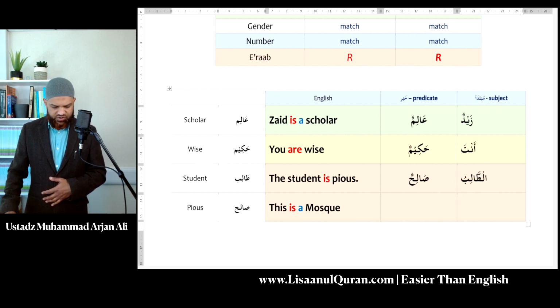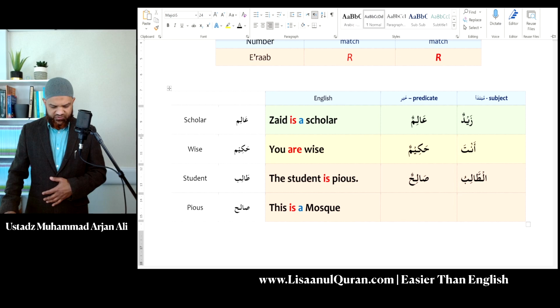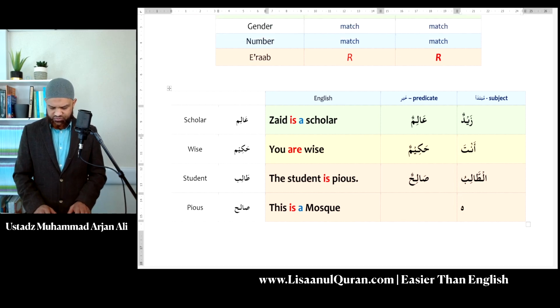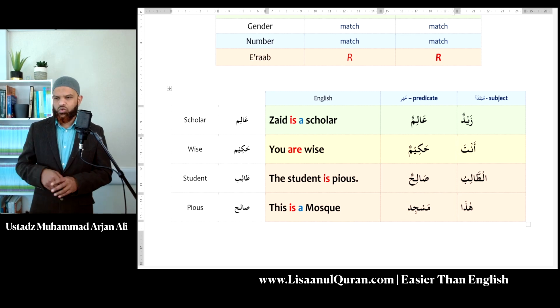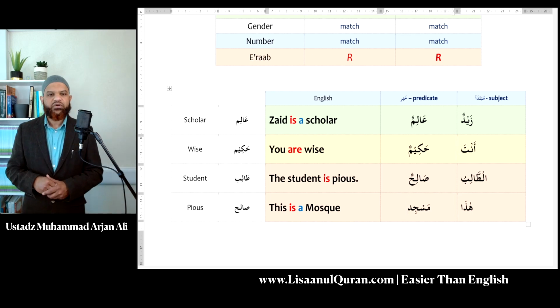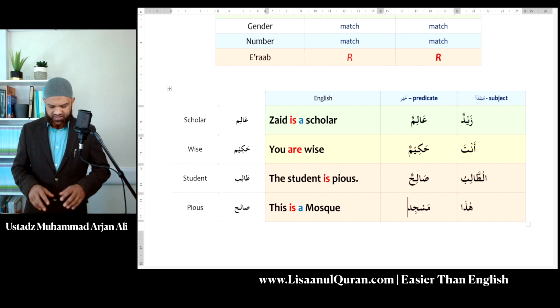The fourth sentence we need to translate from English to Arabic is, this is a mosque. Now, the word for this in Arabic, I'm sure you remember. Hada, this. And the word for mosque in Arabic is masjid. And as you know already, the word this is always definite because it's a pointing word, and we're going to say it is rafa because it is in the subject box.